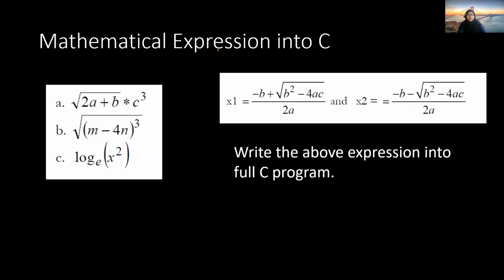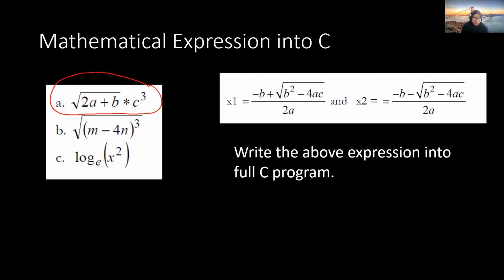Square root of 2a plus b times c cubed. Let me do one example, and then we can see how you understand this. Square root of 2a plus b times c.